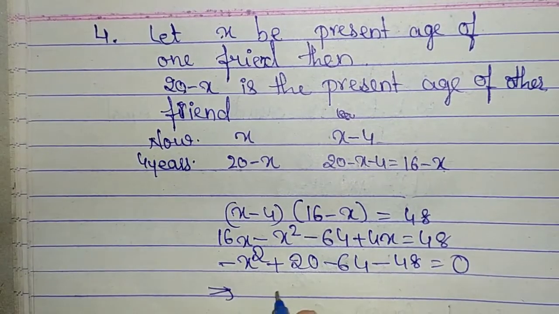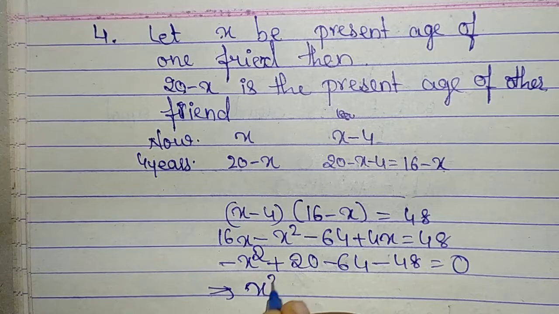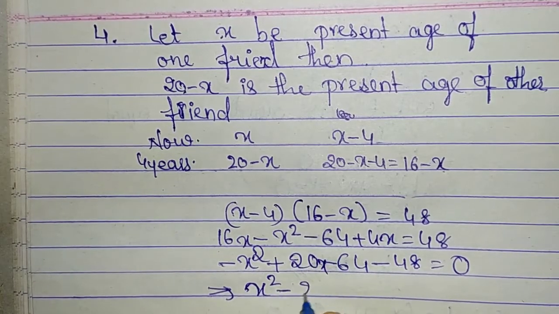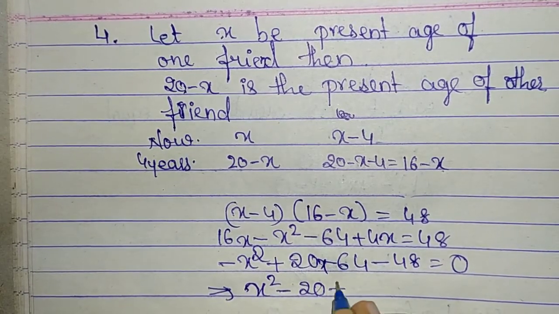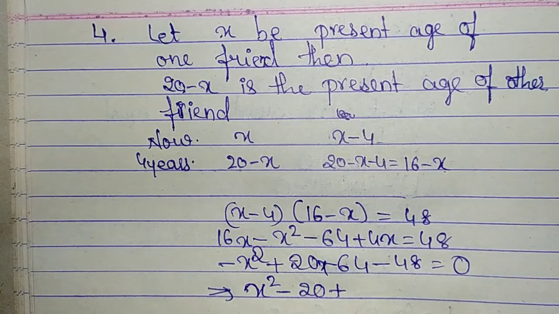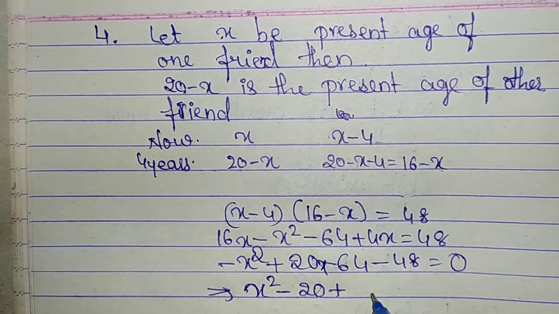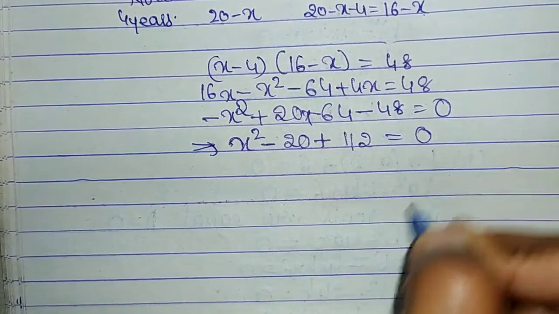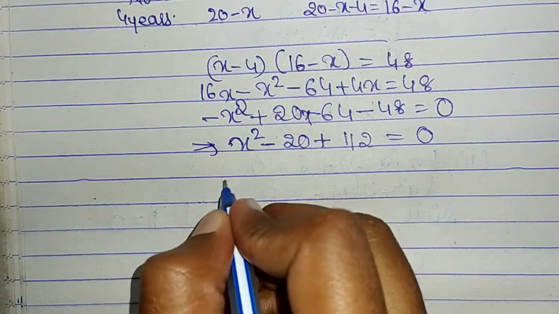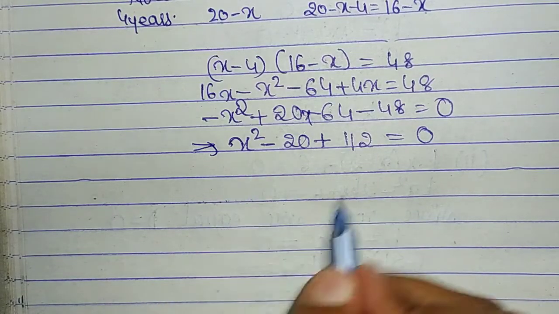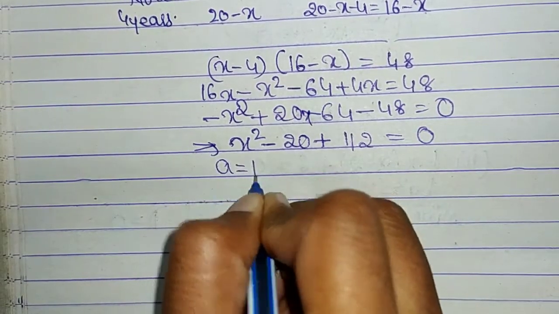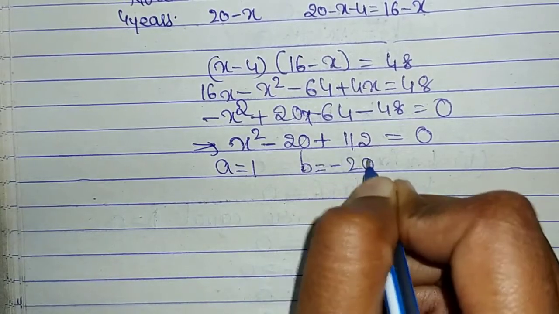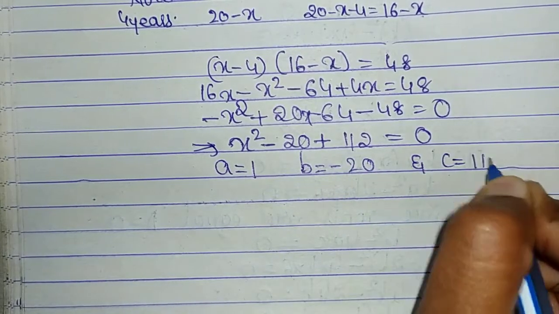So this implies, on rearranging, X square minus 20X plus 112 is equal to 0. Now let us determine if the solutions exist. So A is equal to 1, B is equal to minus 20 and C is equal to 112.